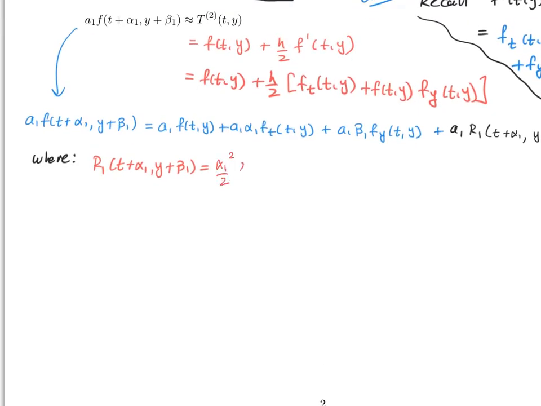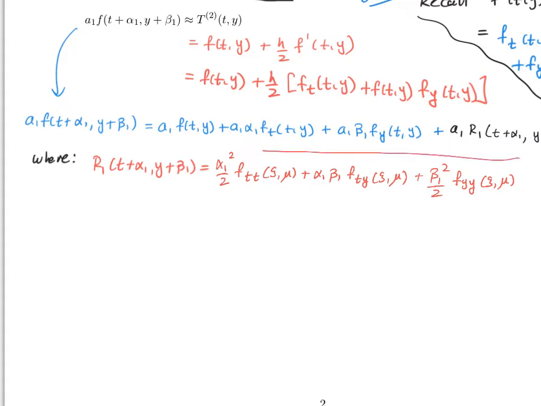I'm just following the Taylor expansion, and you should verify this, plus alpha 1 beta 1, the partial with respect to t, then with respect to y, evaluated at c mu, plus beta 1 squared over 2 f of y evaluated at c mu. Okay, you should check that this is what you get from the Taylor formula that I did in the previous illustration.